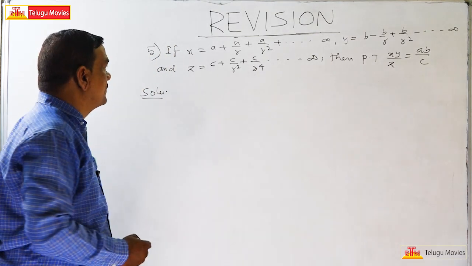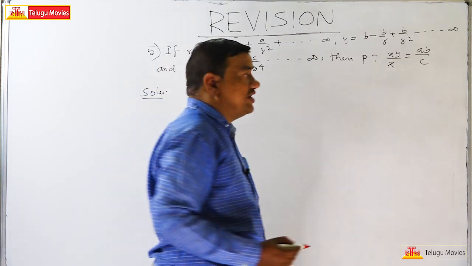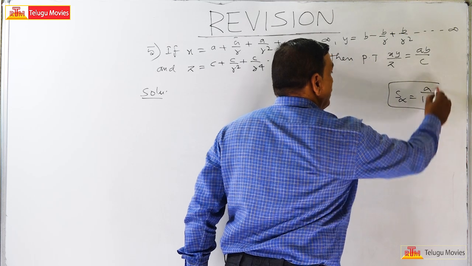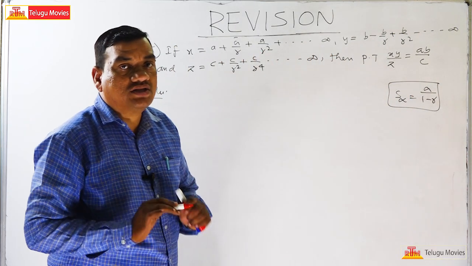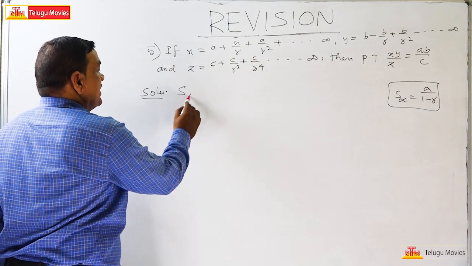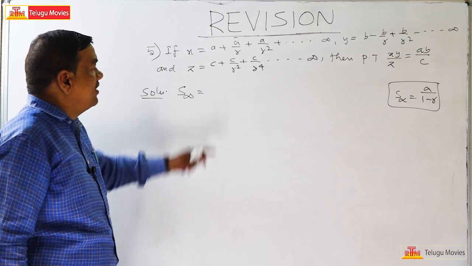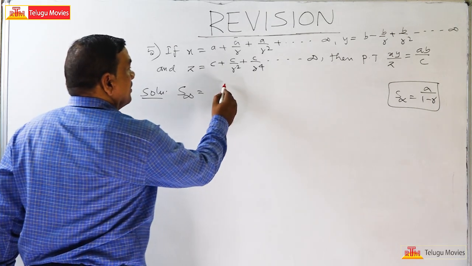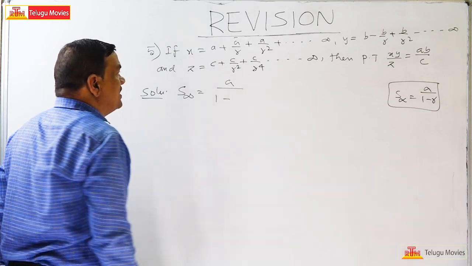Let us see that. For an infinite geometric progression, we have the formula S infinity is equal to a by 1 minus r, where a is the first term, r is the common ratio. Here the first term is a, that means a by 1 minus, what is the common ratio?